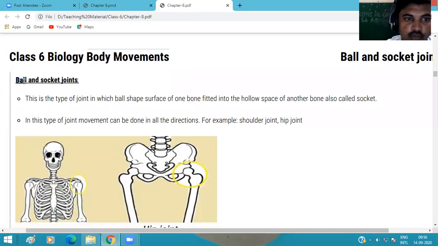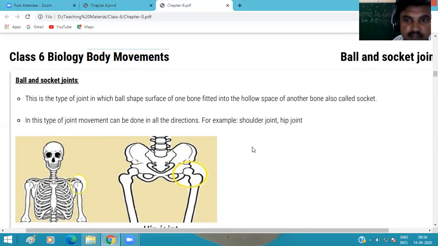The first one is the ball and socket joint. So what is a ball and socket joint? We already discussed. When one end of a bone is ball shaped, it is fixed into another bone's end that has a hollow, bowl shape.